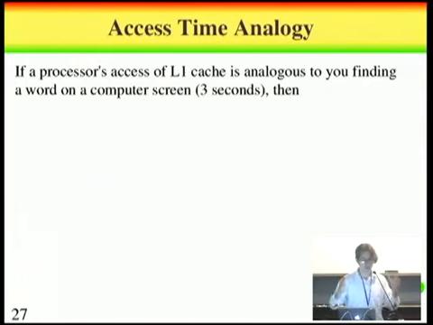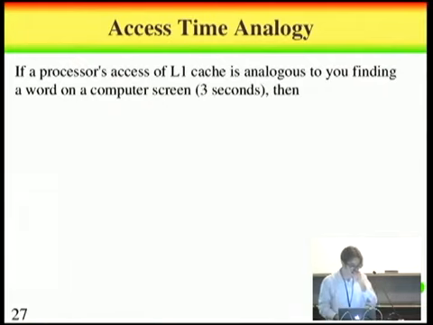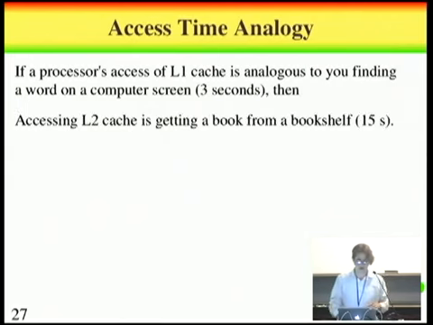This is your L1 to processor access. Getting data from L2 cache to your processor is then equivalent to getting up and getting a book off of your bookshelf, which is about 15 seconds.